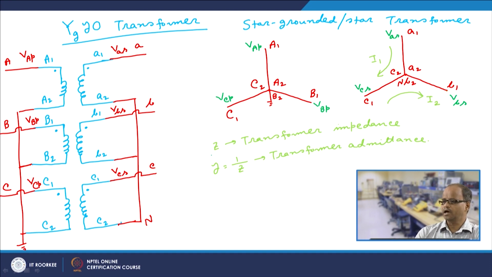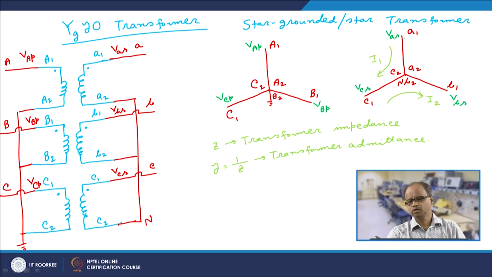Now, we would like to write down the KVL across this loop. If we consider this loop, then what will happen? If I start from this point and go to this point, what electrical quantities will we get?